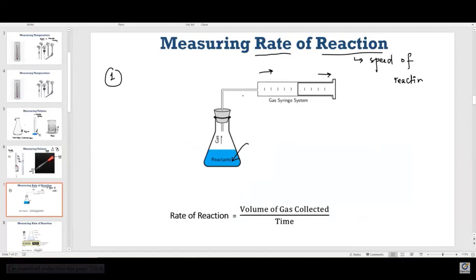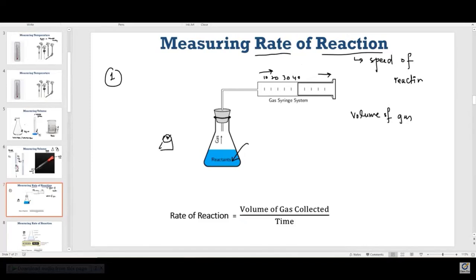At that time, we know that the reaction is complete, and since you can see there are markings over here, let's say this is like 10, 20, 30, 40, 60. Whenever the plunger stops, that would be the marking for the volume of the gas released. So that's how you measure the volume of gas. And while all of this is happening, take a stopwatch and get it running.